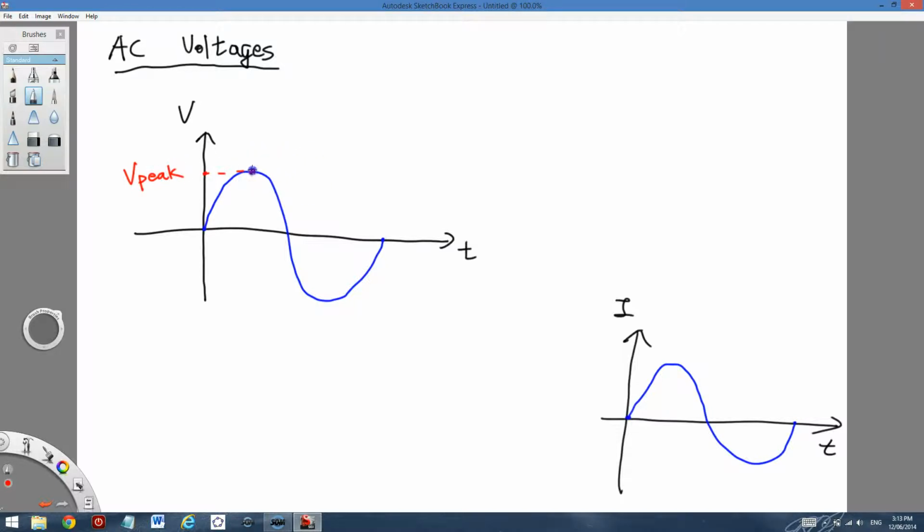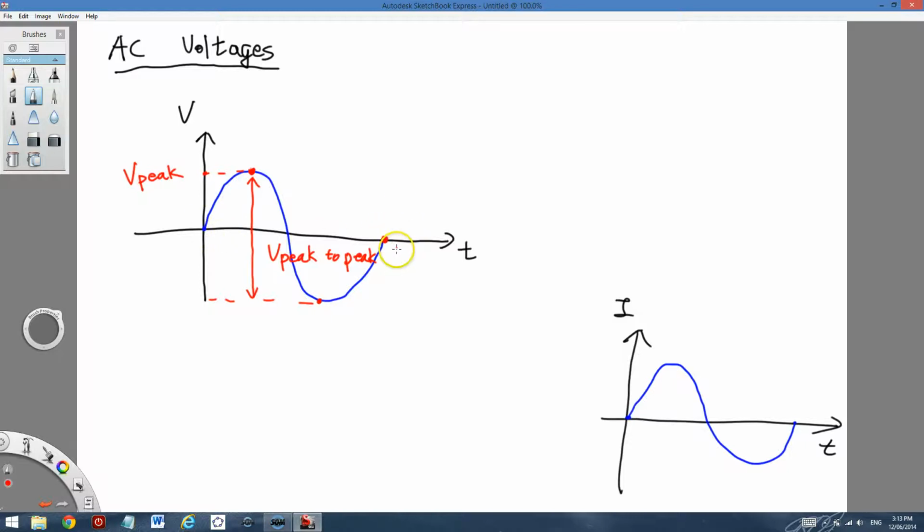And we also call the voltage between its maximum and minimum the peak to peak voltage. I will give you an example of it. Also, it has a period.